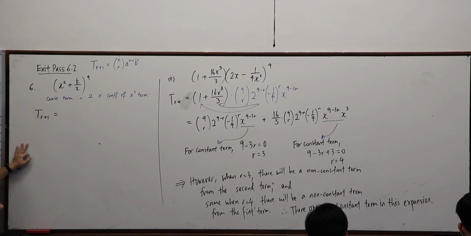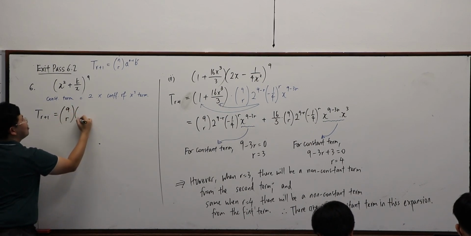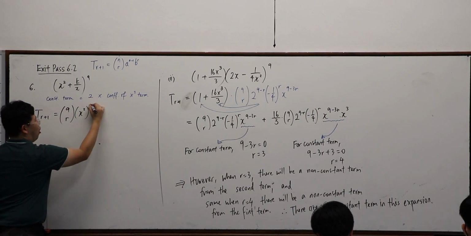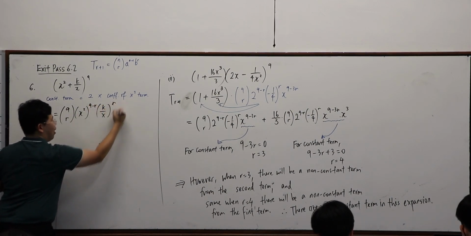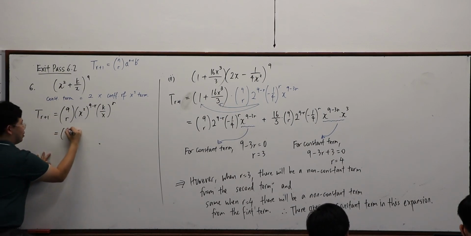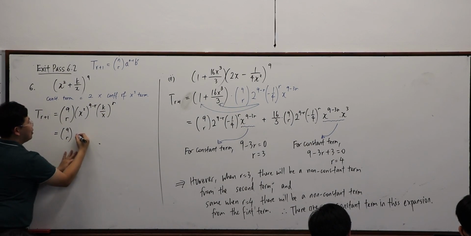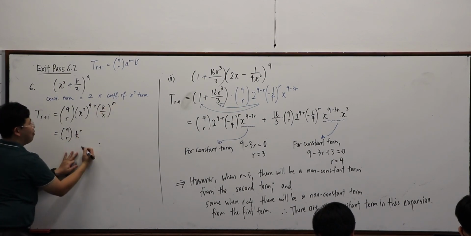So this is 9 choose r, a to the power of n minus r, b to the power of r. Let's tidy this up. 9 choose r, constants in front, so k to the power of r.